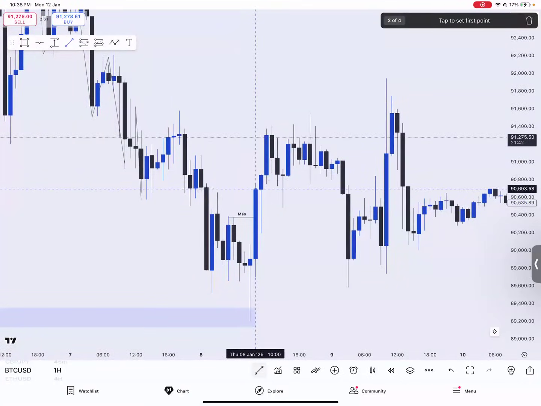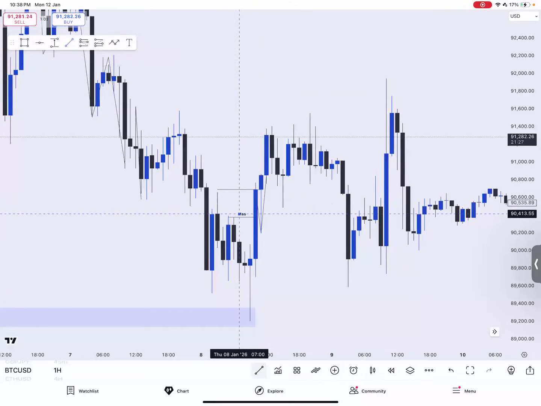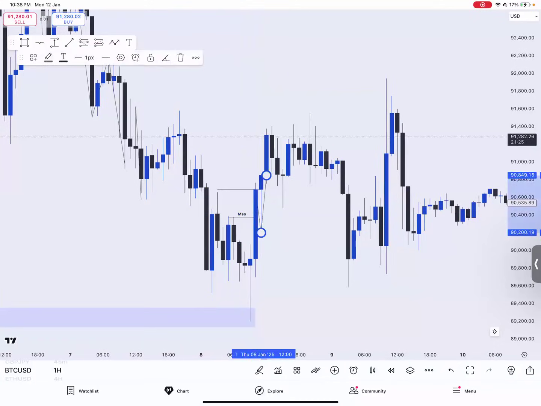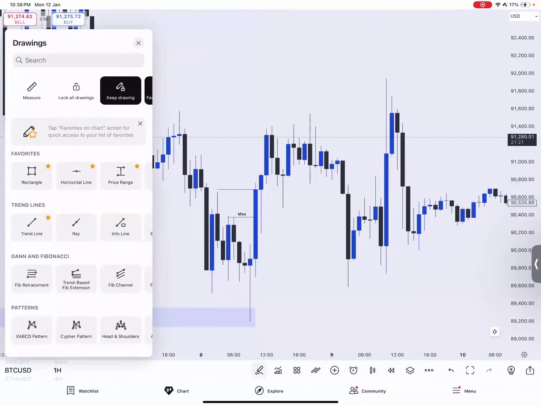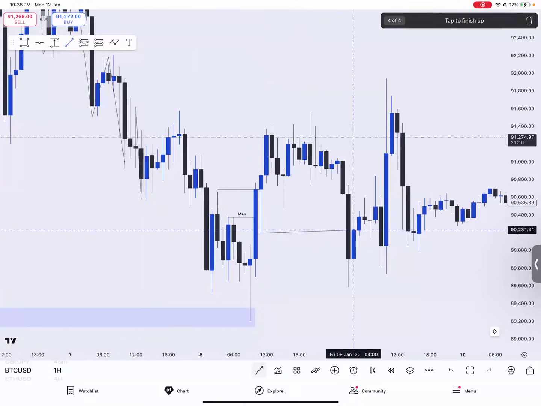This is the body closure of the MSS candle. After that, the next candle that came out gave us a candle wick retracement. But immediately price gave us that candle wick retracement, it pushed up so fast and then took out the body closure of this MSS candle. So because the body closure of the MSS candle was taken out by that candle wick that gave us that retracement, the retracement can become an inducement.